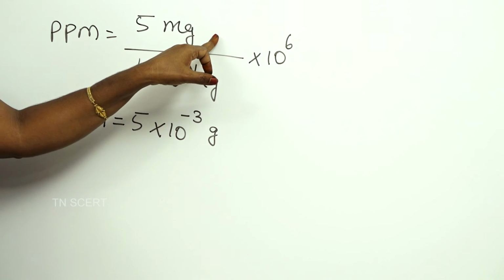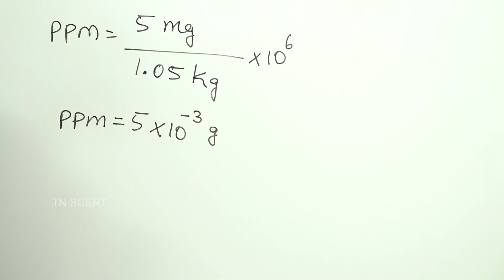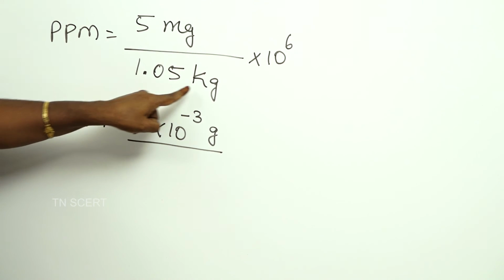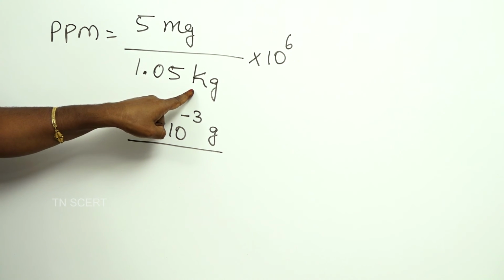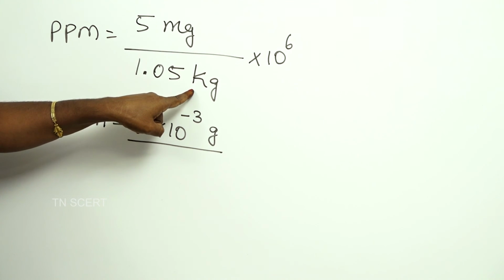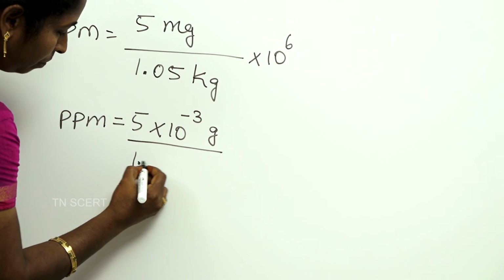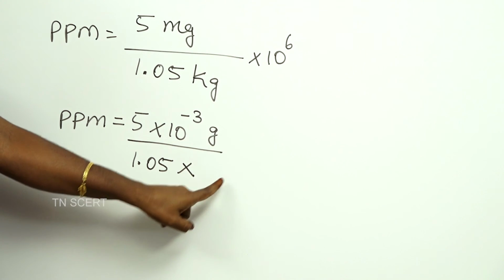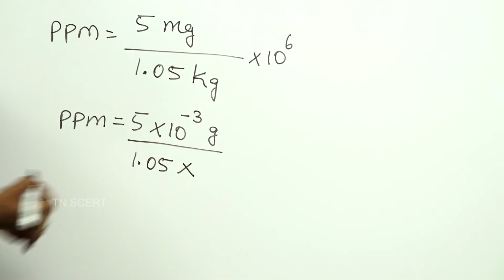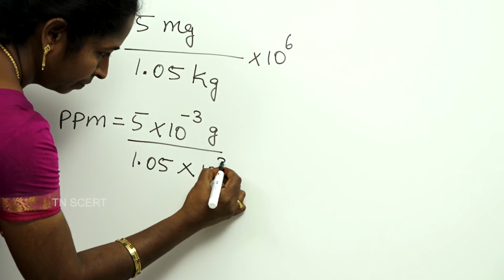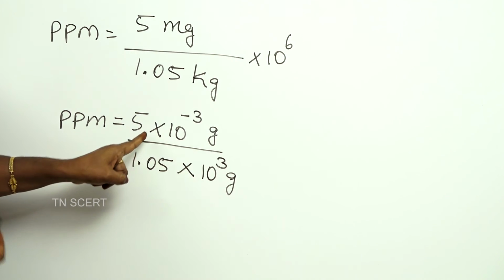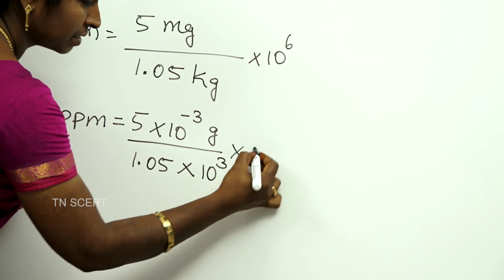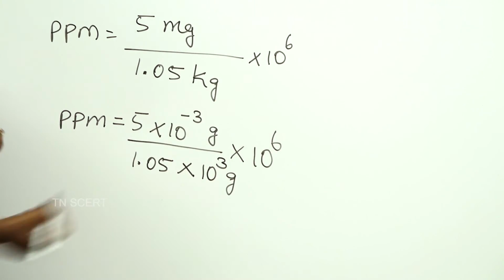Milligram when converted into gram, it should be multiplied by 10 power minus 3, divided by 1.05 kilogram. You know 1 kilogram is equal to 1000 grams, is it not? So, 1.05 into 10 power 3. So, now all are converted into gram unit. Into 10 power 6.